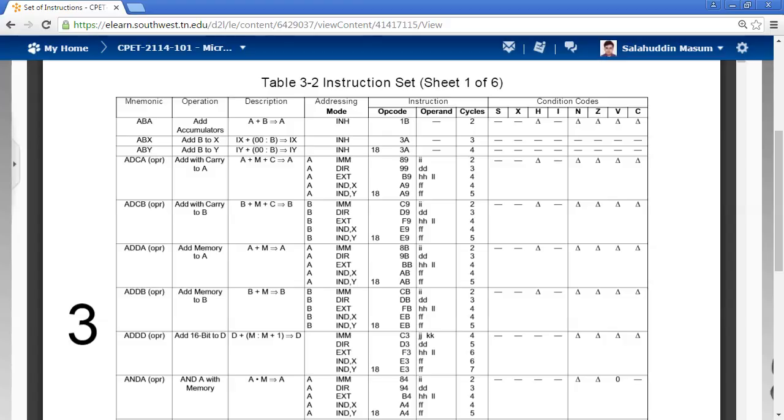Now, each of these instructions has multiple modes. Every instruction can work in different modes. The sole purpose today in the first lecture is to understand, just by looking at the instruction, even though we don't understand the instruction yet and have no idea about it, whether we can identify the mode.